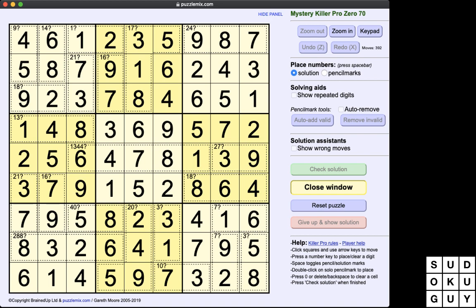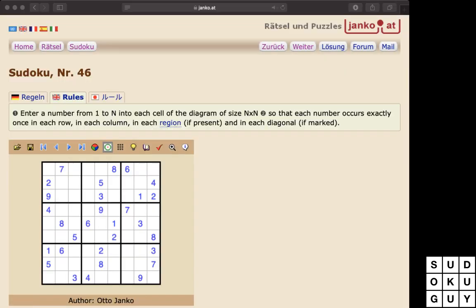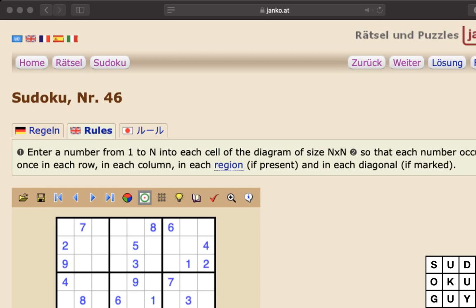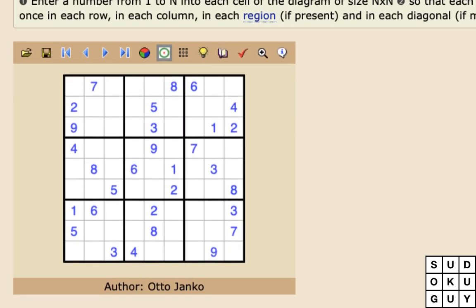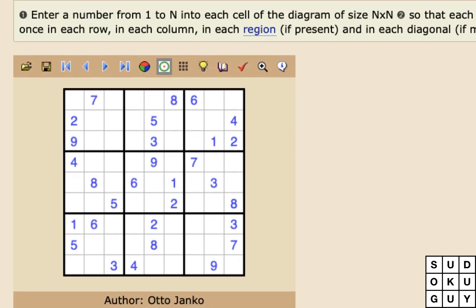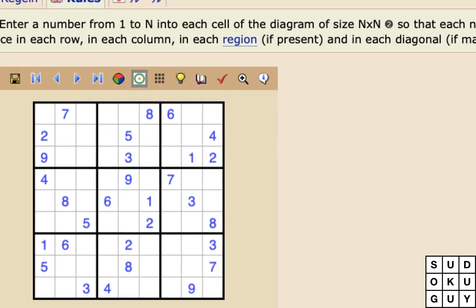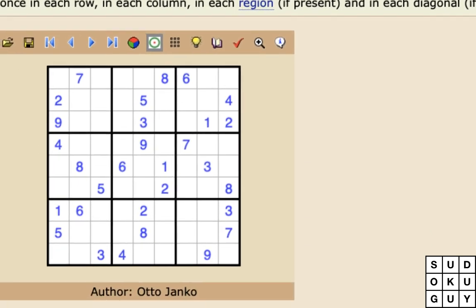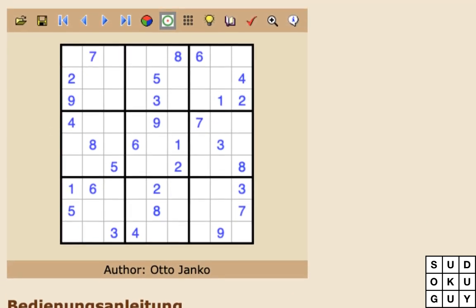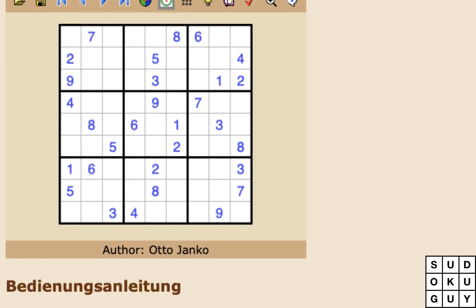Yeah, let me just pull up this one. Resize it so it's nice and big. This one's by Jenko himself. This site is run by a German couple, which is why everything is in German.